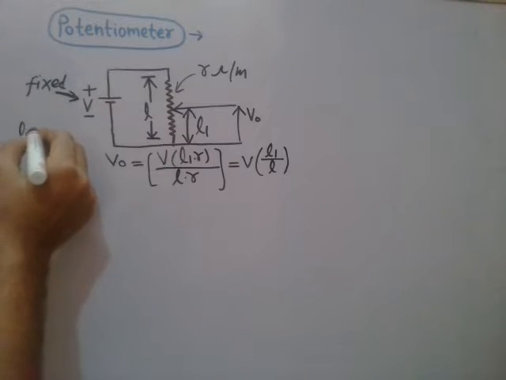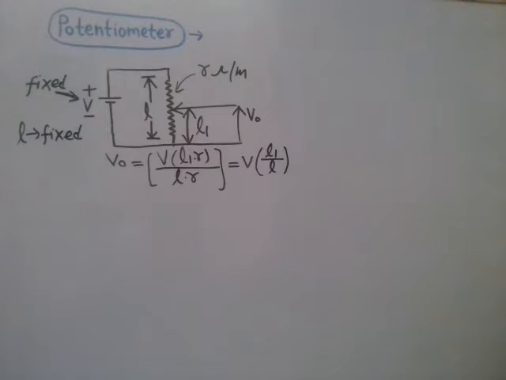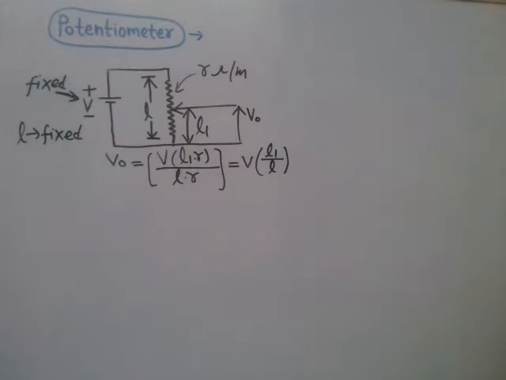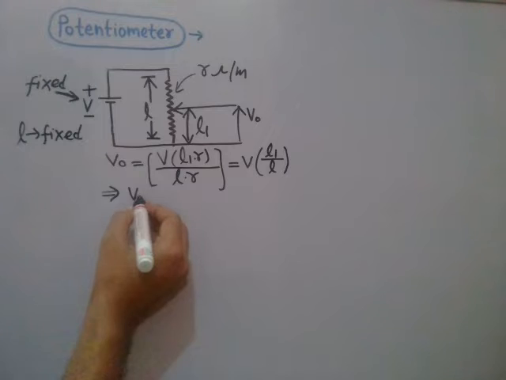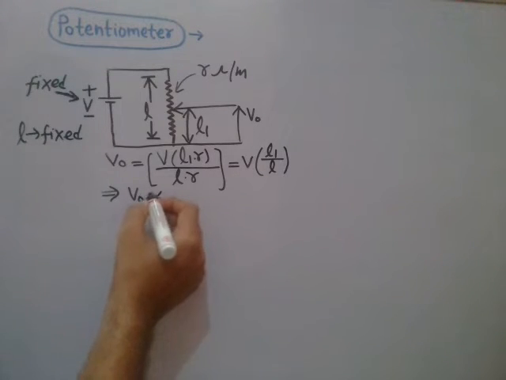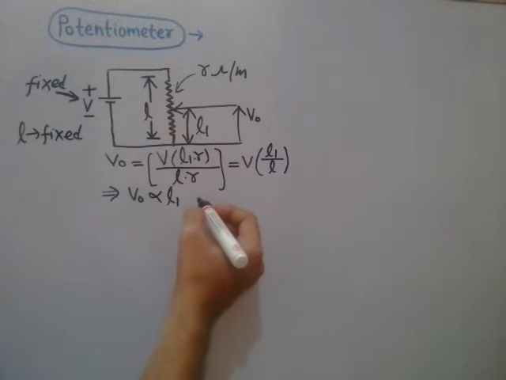So these two parameters, the applied DC voltage V and the length of this wire, are fixed. So you can conclude that the output voltage V0 will be proportional to length L1.